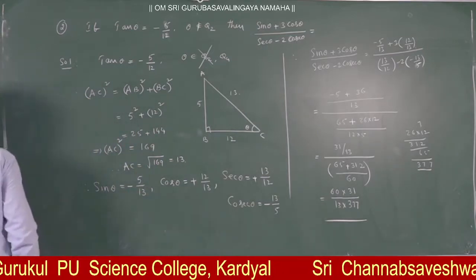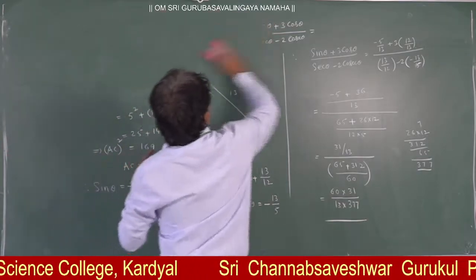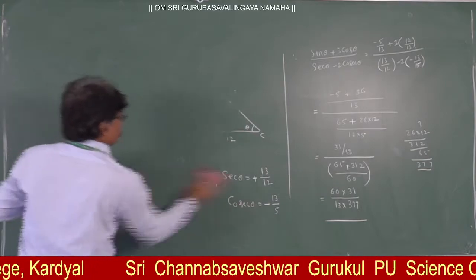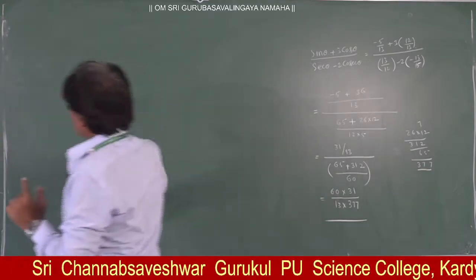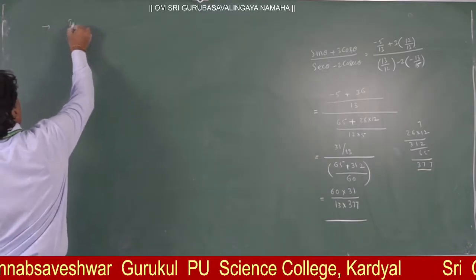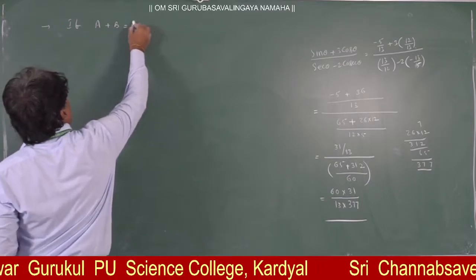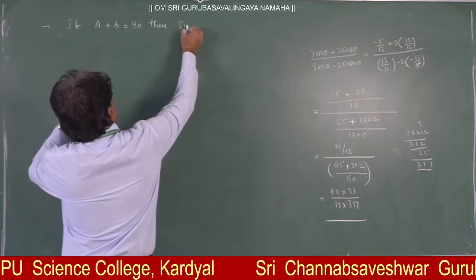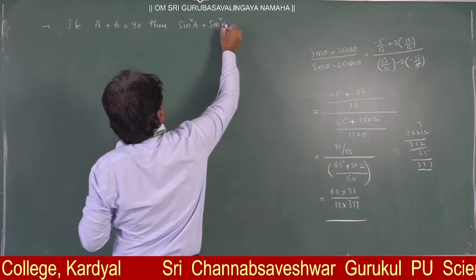Next question. If A plus B is equal to 90 degrees, then sin square A plus sin square B is equal to.